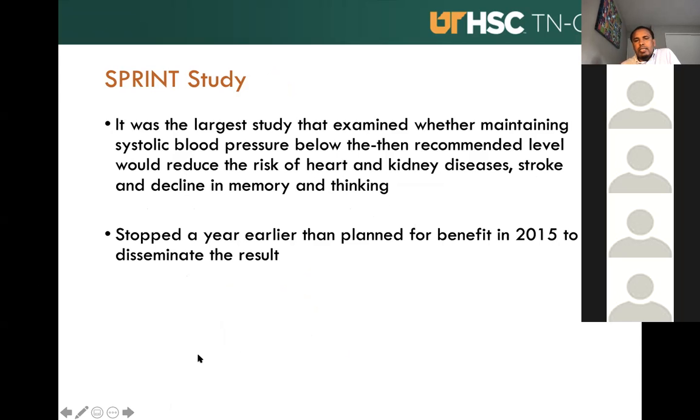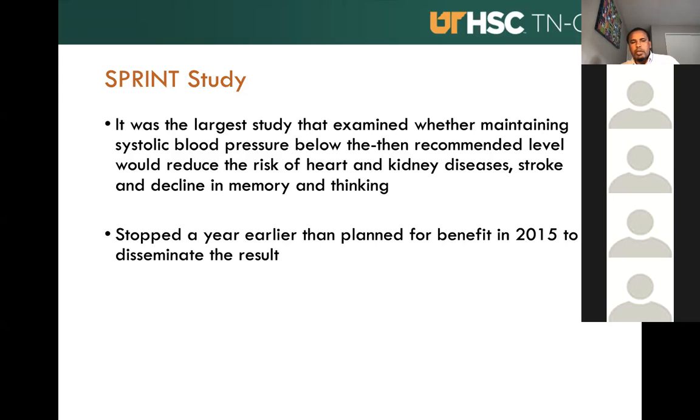It was the largest study that examined whether maintaining systolic blood pressure below the then recommended level would reduce the risk of heart and kidney disease, stroke, and decline in memory and thinking. The purpose of the SPRINT study is to investigate whether lowering the threshold for hypertension would result in reduced risk of heart and kidney disease, stroke, and decline in memory, such as Alzheimer's.